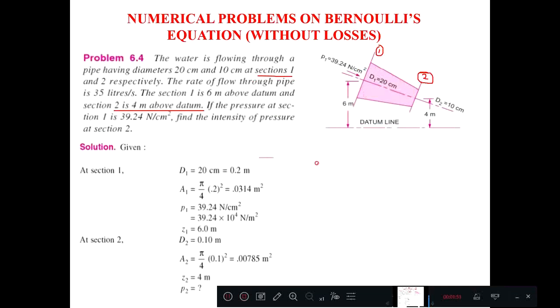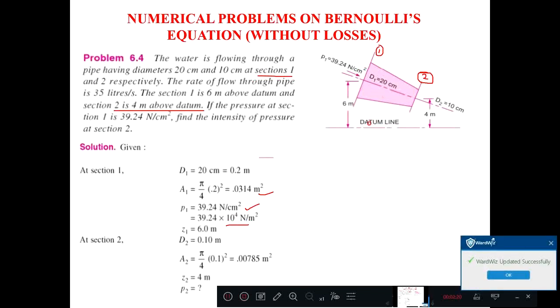At section 1, the diameter of the pipe is 20 centimeter, so let us calculate the area, that is pi by 4 d square. Then the pressure given is 39.24 Newton per centimeter square. It is given in the problem, and the conversion from Newton per centimeter square to Newton per meter square is done here.